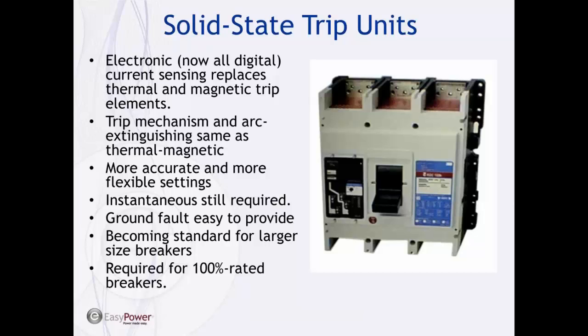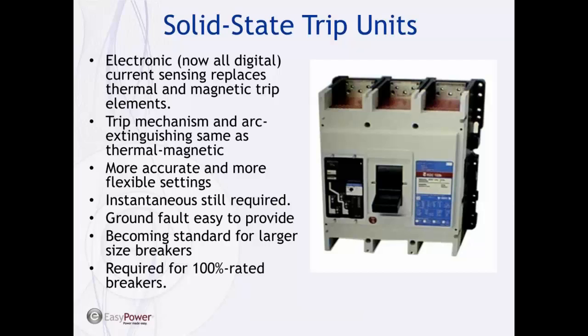They're going to be much more accurate and repeatable than the electromechanical devices. You still have to have instantaneous trip. With the solid-state trip units, it's quite easy to provide ground fault because they simply sum the three phases together, and unless you have neutral current, neutral loads, then it's pretty straightforward to get ground fault protection. You still have to pay more for it, but it's pretty easy to provide.